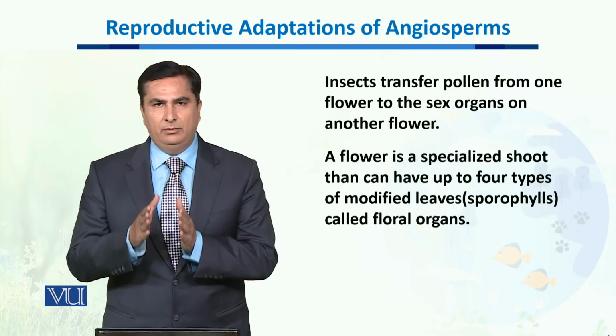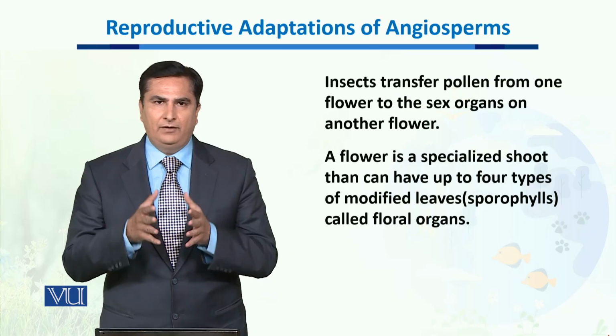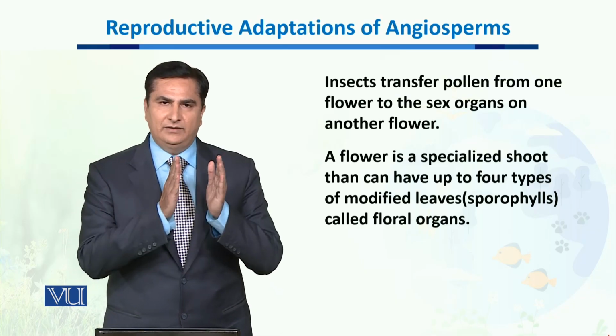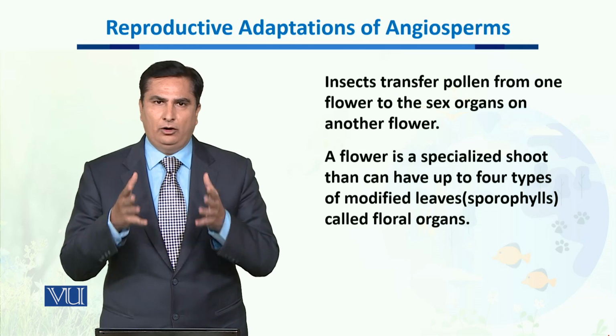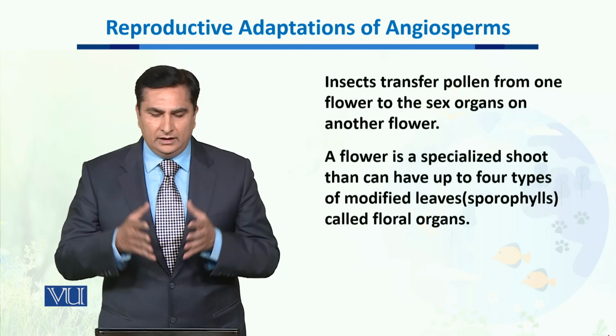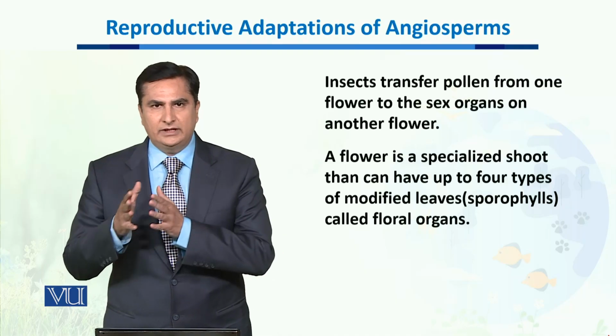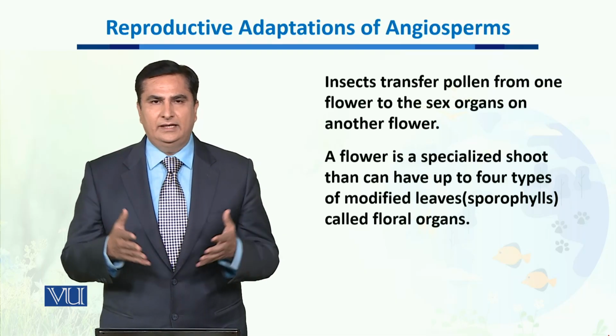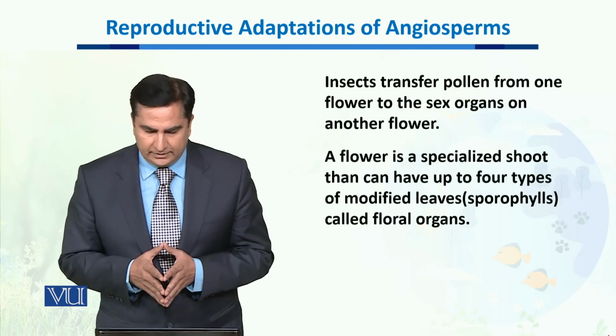Those insects come in close contact with the flowers, where male as well as female reproductive organs are present. From the male reproductive organ, pollen attaches to those insects and is disseminated to larger areas.